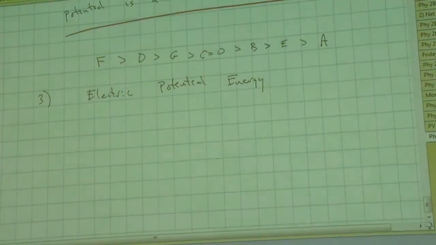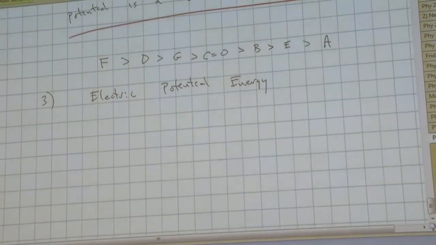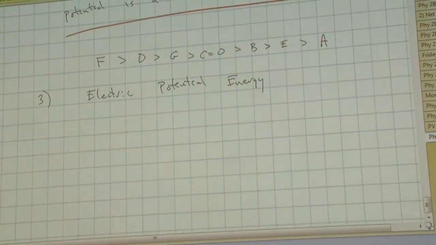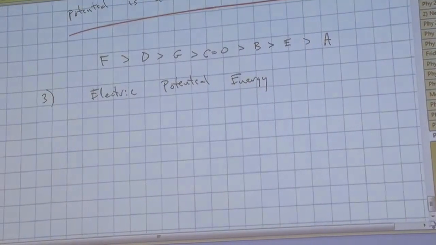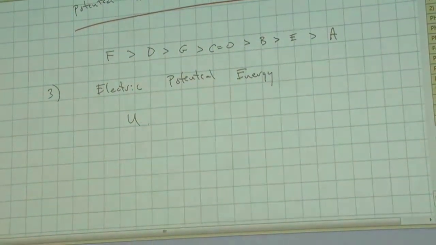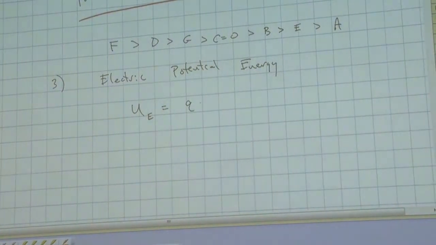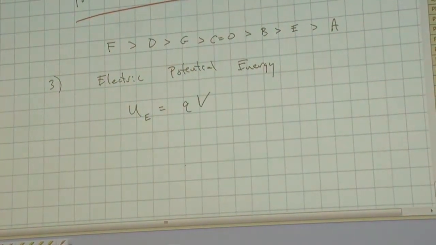Different from electric potential. And how do we get the electric potential energy? We multiply by the Q that we're sticking there. So the electric potential energy is Q times the potential.